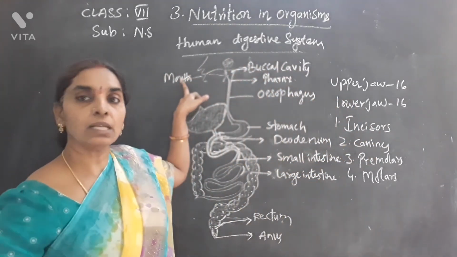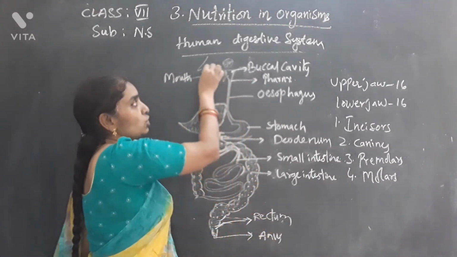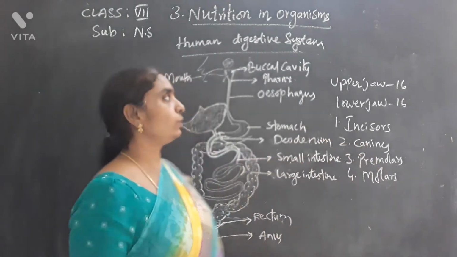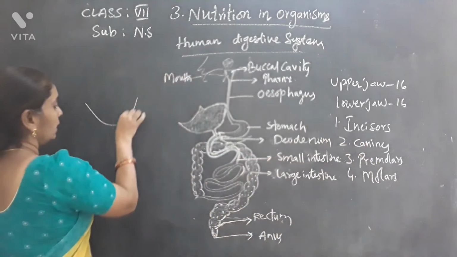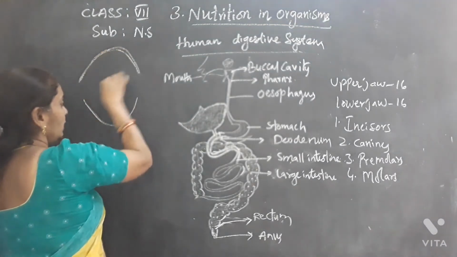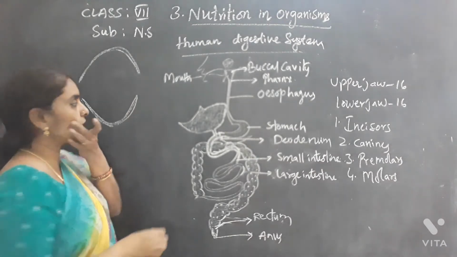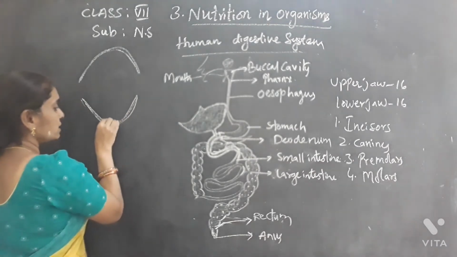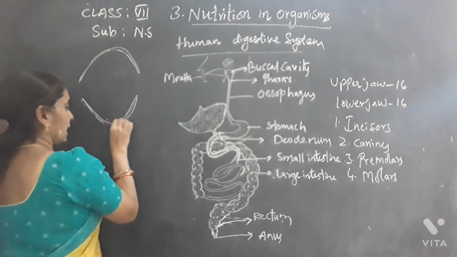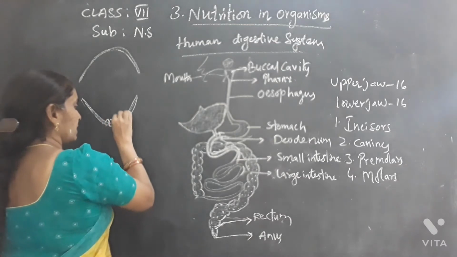Is it clear, children? After knowing about the teeth, the food is chewed thoroughly in the mouth with the help of the teeth. I told you there are how many types of teeth, children? There are 2 jaws in your mouth, that is, the buccal cavity inside. They are arranged in this form. 4 incisors are present.